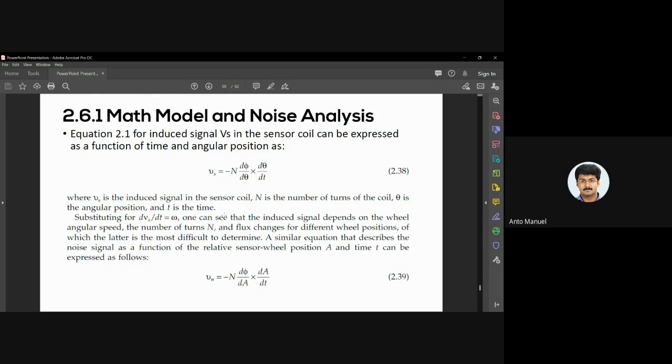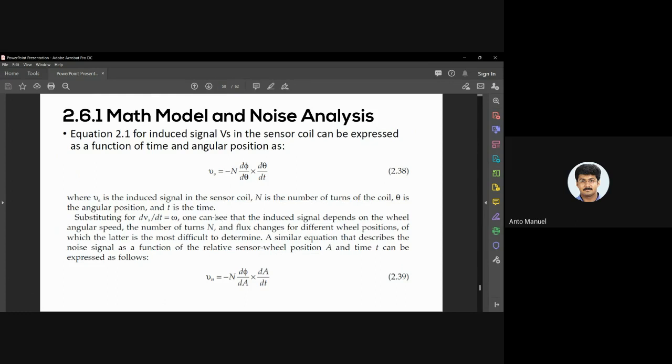Vs is nothing but the induced signal in the sensor coil: Vs equals n dφ/dθ times dθ/dt. Here n is the number of turns of the coil inside your sensor system, θ is the angular position, and t is the time.